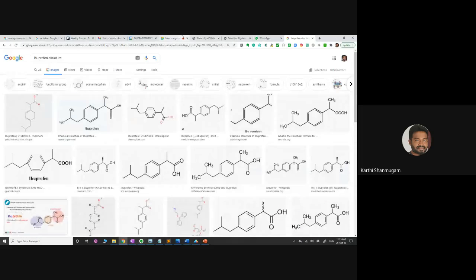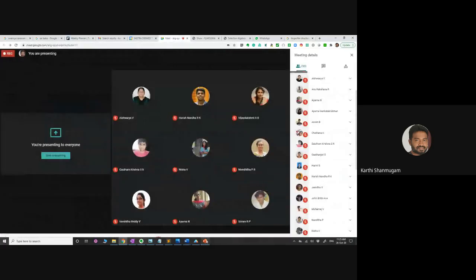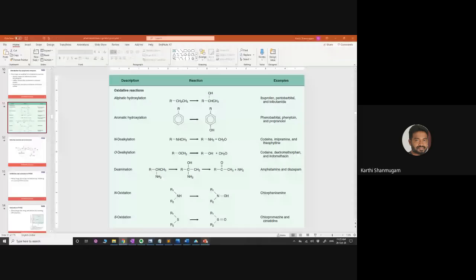So you may take it as homework, right? Better you take ibuprofen, and you have to tell how aliphatic hydroxylation is possible in ibuprofen, and what will be the resulting metabolite of that reaction. Second, you take propranolol, and you have to explain with the help of the structure of propranolol how aromatic hydroxylation is possible and what will be the final product.